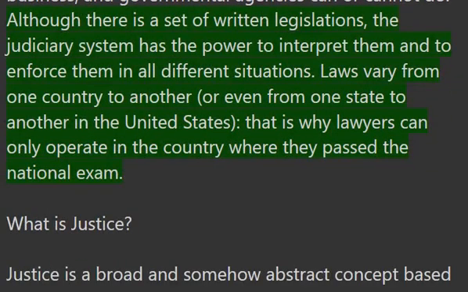Although there is a set of written legislation, the judiciary system has the power to interpret them and to enforce them in all different situations. Laws vary from one country to another, or even from one state to another in the United States. That is why lawyers can only operate in the country where they passed the national exam.